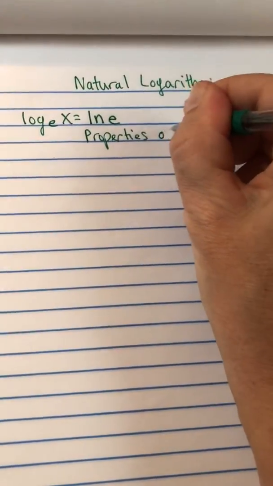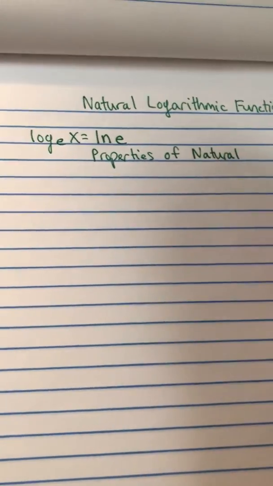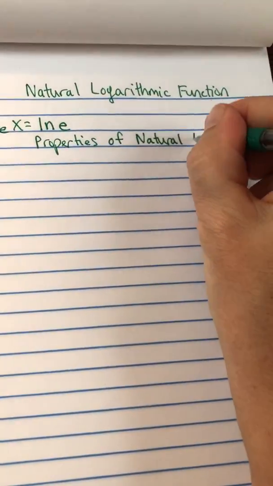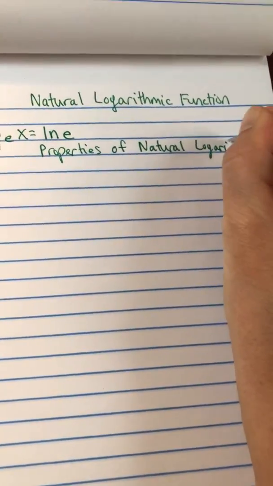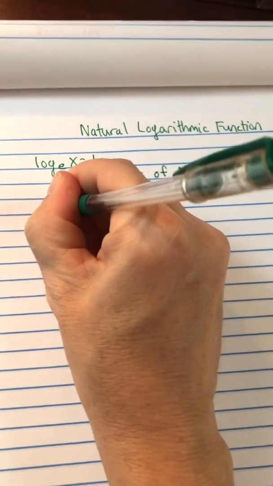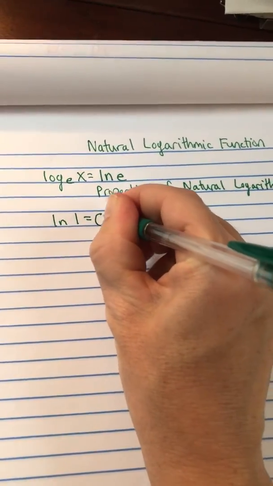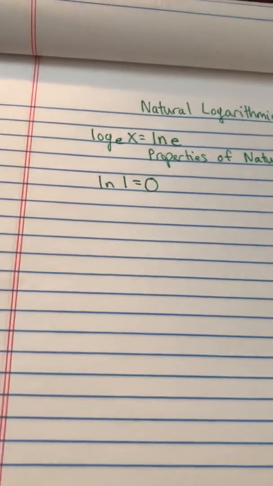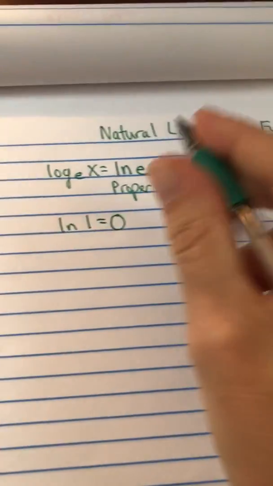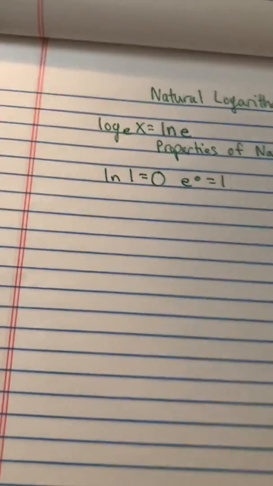Properties of natural logarithms. All right, so if we have the ln of 1, that equals 0. Okay, e to the 1 equals 0. I'm sorry, e to the 0 equals 1. It's confusing for me too.